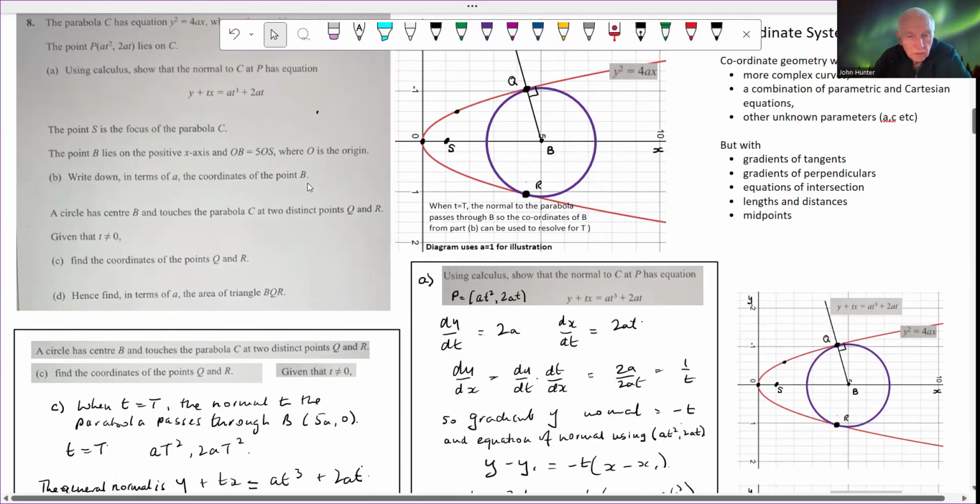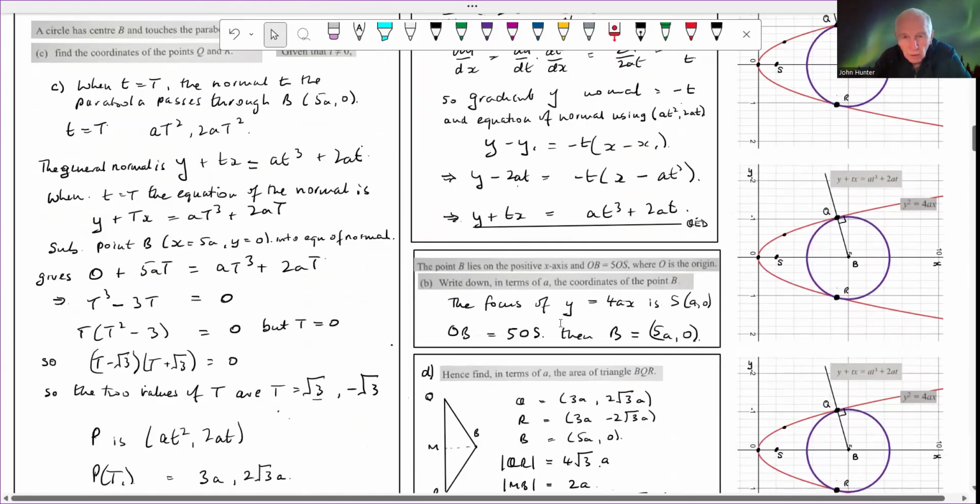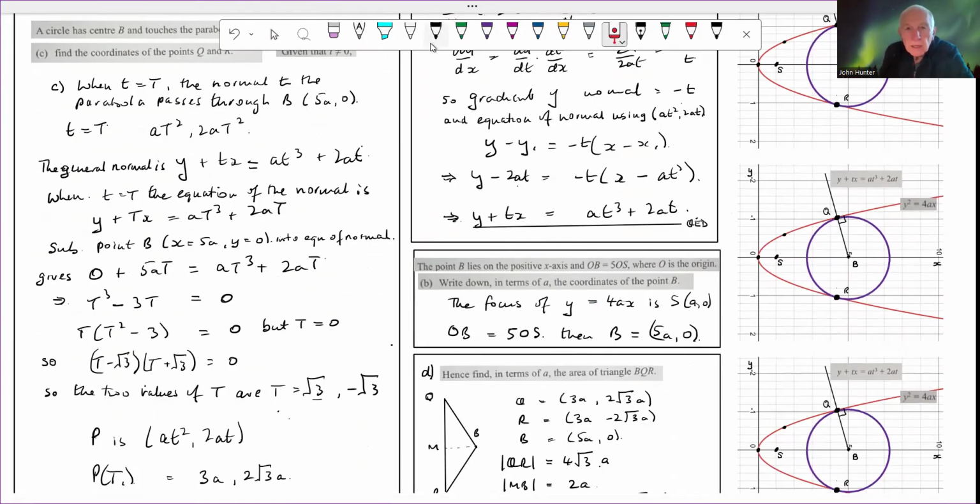Write down in terms of a the coordinates of the point B. So that's a relatively straightforward one, because we're given that the curve is y squared equals 4ax, and the focus is at (a, 0), so that's S, and OB is 5 times as long, so OB must be 5 times OS, and therefore B is the point (5a, 0).